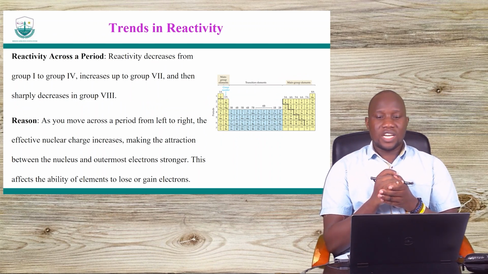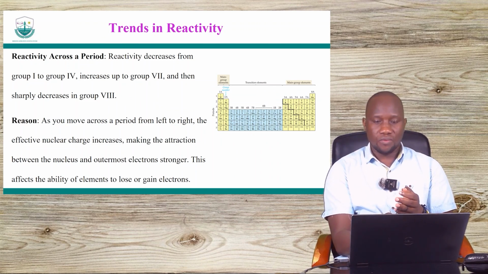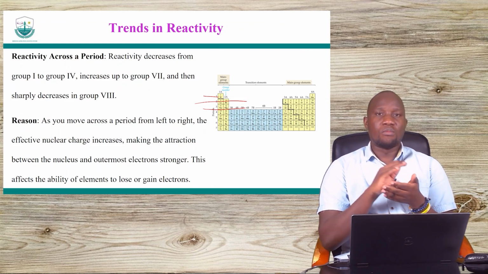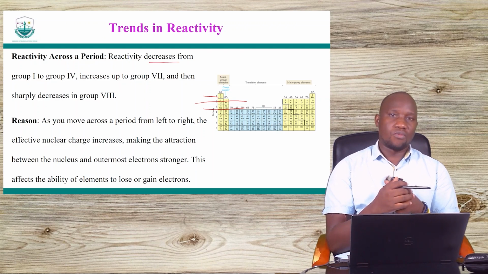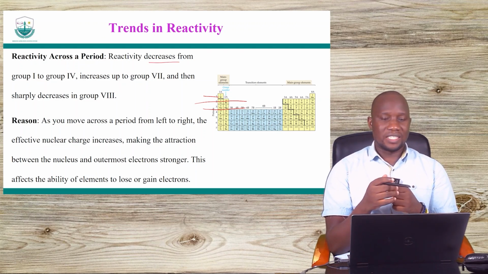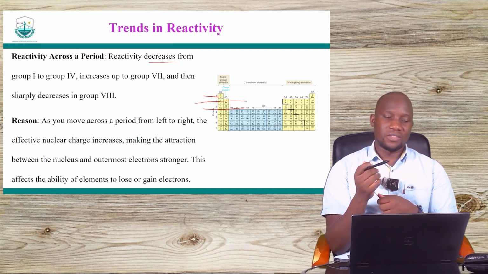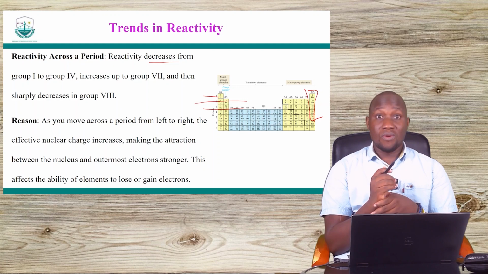And then what happens if you move across the period in this way? What happens? There is no uniform trend. Okay, there is a decrease from group 1 to group 4, and then there is an increase up to group 7, and then there is a sharp decrease with group 8. So group 8, they are these ones that we said they are basically inert gases, noble gases.